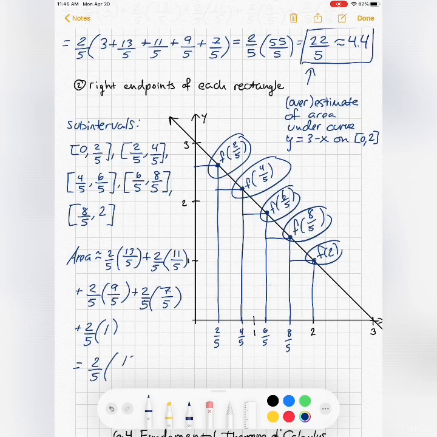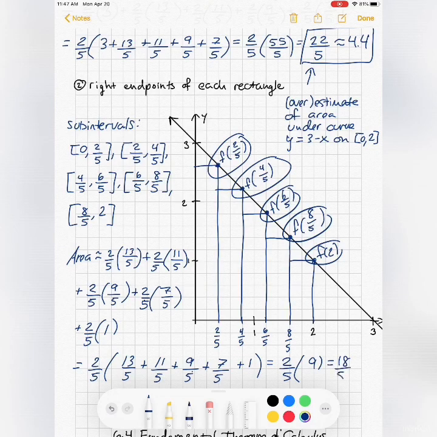Then I just have to do the arithmetic. Let's see, 24, 33, 40 divided by 5. 40 divided by 5 is 8, plus 1 is 9. Get that right?